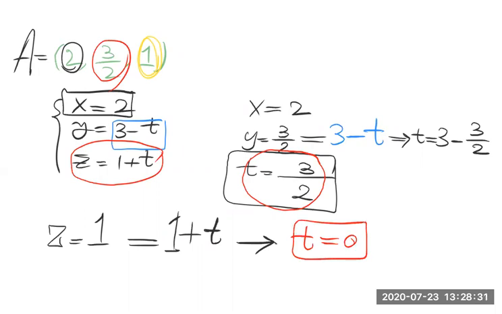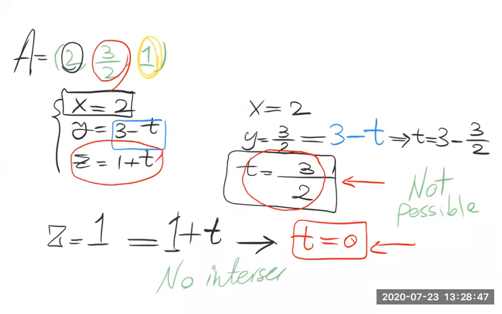One equation says t should be 3/2. The other equation says t is 0. It can't be, not possible. Therefore, no intersection points. Therefore, these two lines don't have any intersection. Any question?